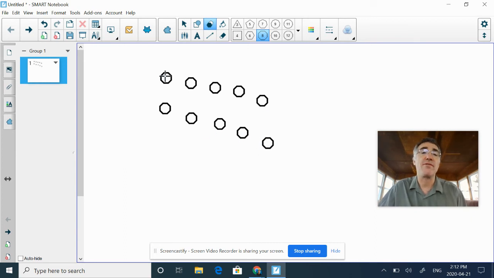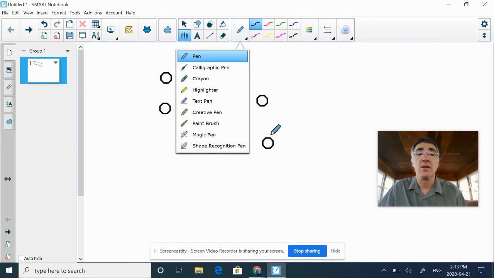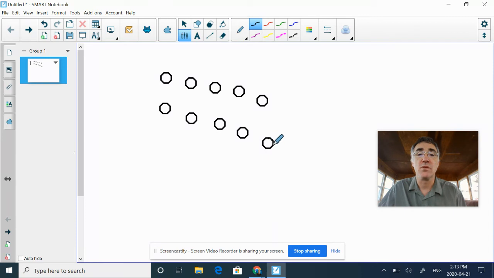And so I know that I've got 80 sides in this now, so I can actually just count off that. So I'm going to hop up to my pen, and I know I've got 1, 2, 3, 4, 5, 6, 7, 8, 9, 10, 11, 12, 13, 14. What do I have left?